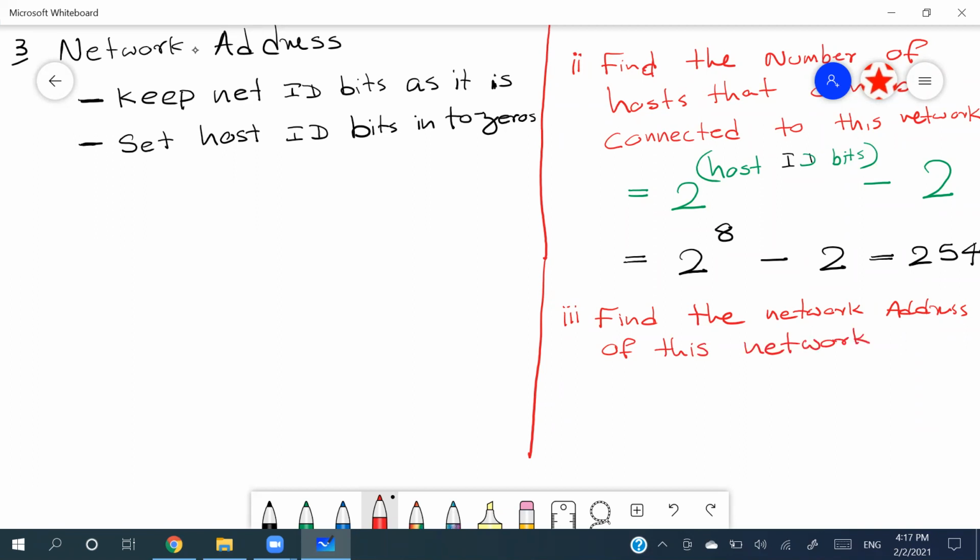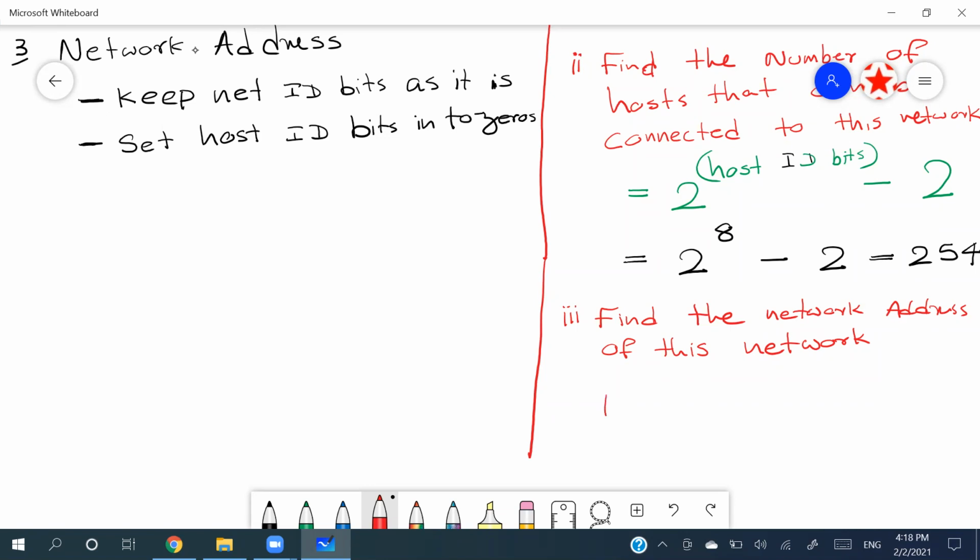Right? So when they ask us to do this, first we have to recognize what represents the network and what represents the host. To illustrate that, I am going to write the IP address again.